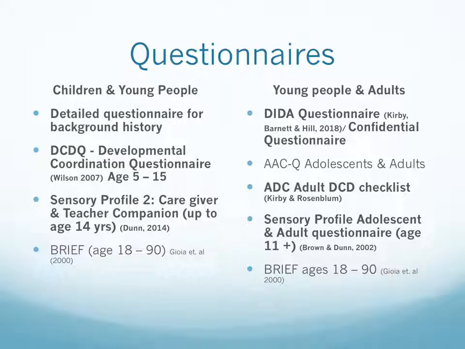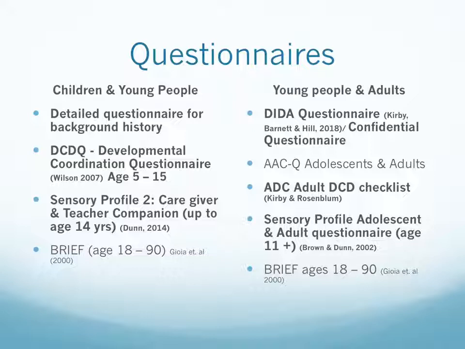It's quite nice and quick, and it asks about difficulties in childhood, but also current persistent difficulties, which include questions around driving, shaving, and makeup application, those sorts of things. And that's really good. So these are normed checklists, which are really helpful and give you a good indicator about going forwards.